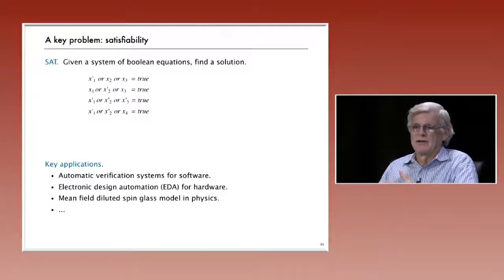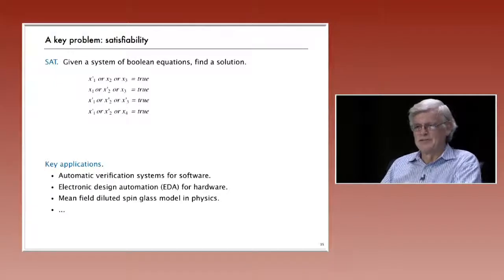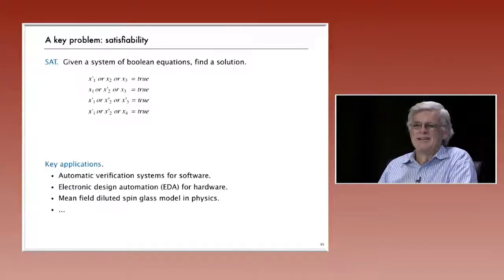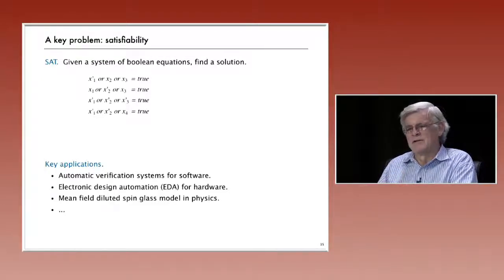It's so basic that it even arises in physics and scientific studies in the so-called mean field diluted spin glass model. It's a very fundamental problem that is just about logical reasoning about what's going on in some complex system.